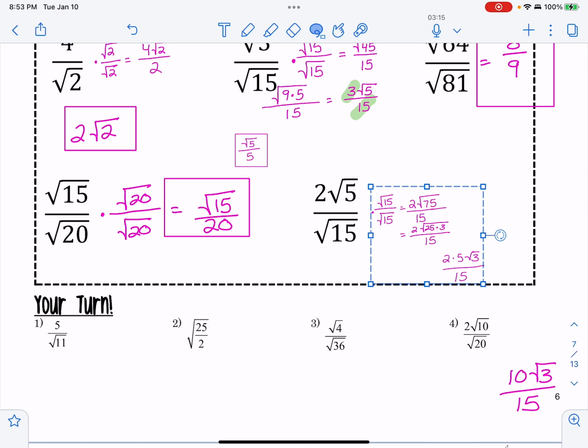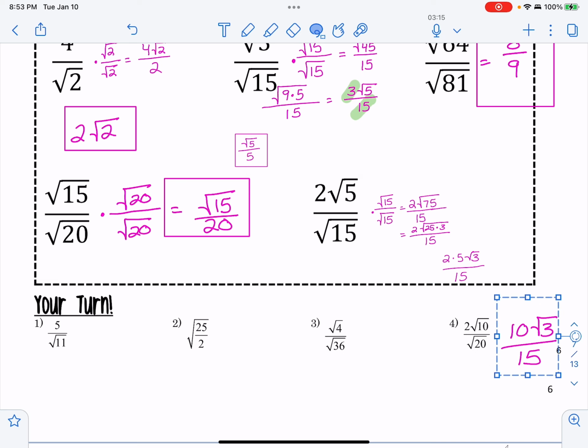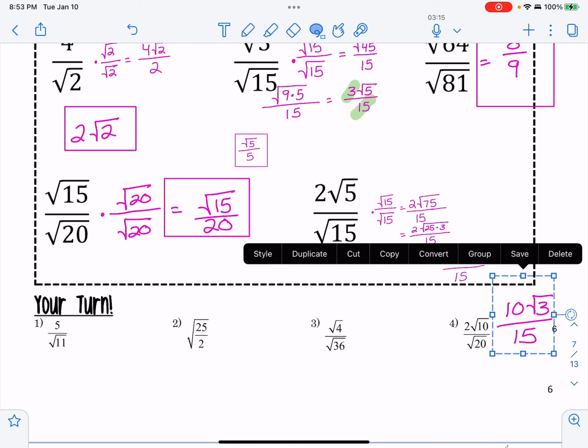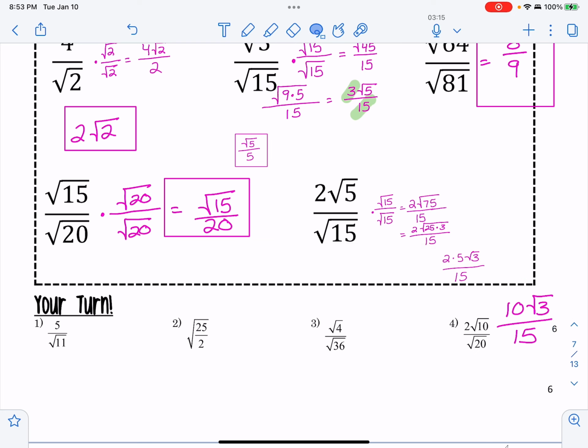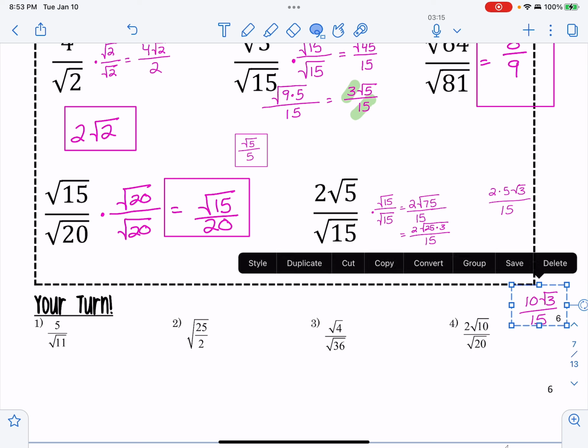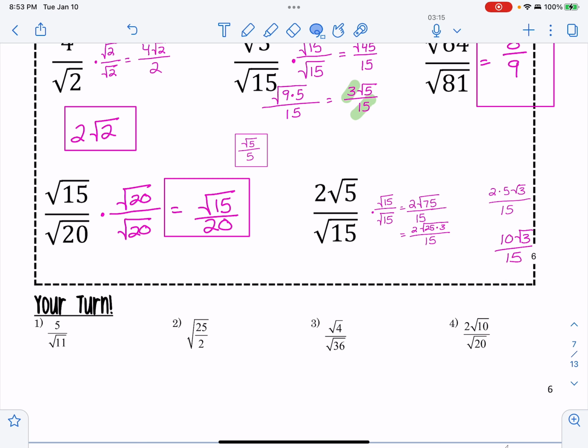Minimize. Right. So here's where I'm at. Move this over here. Now that fraction can be reduced.